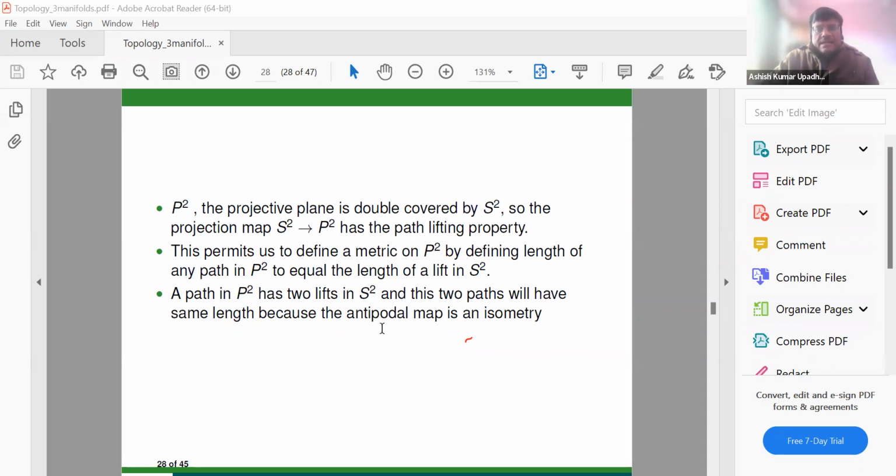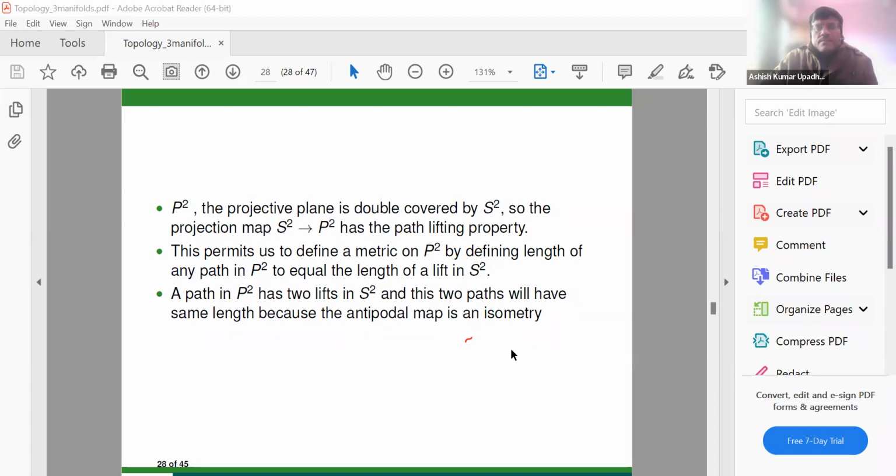The antipodal map is to be kept in mind, because it is an isometry. It may be a genuine question before us which of the two lifted paths to use.